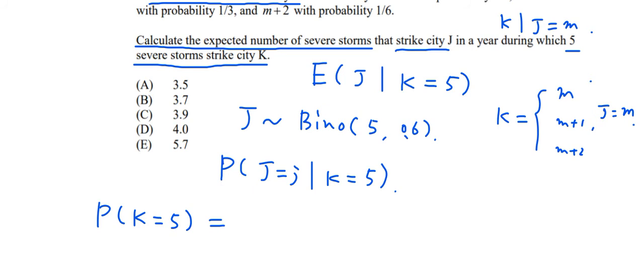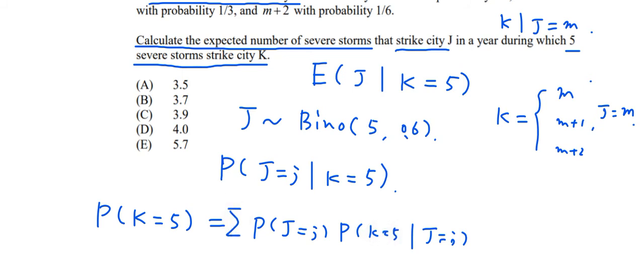We use the conditional probability, J equals j and K equals 5.